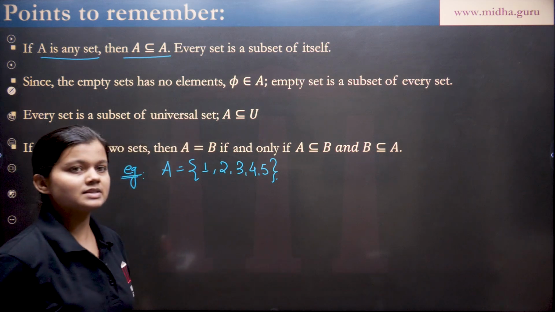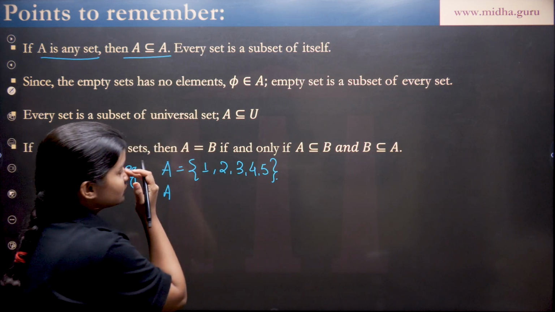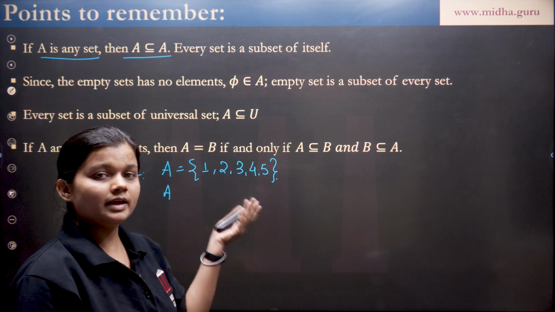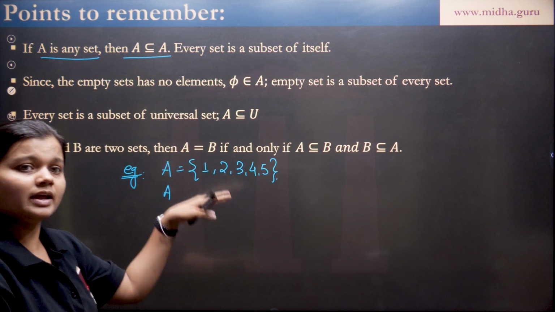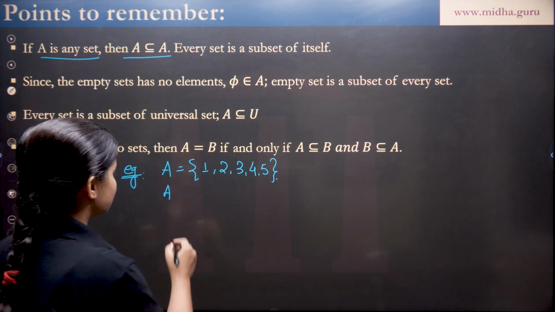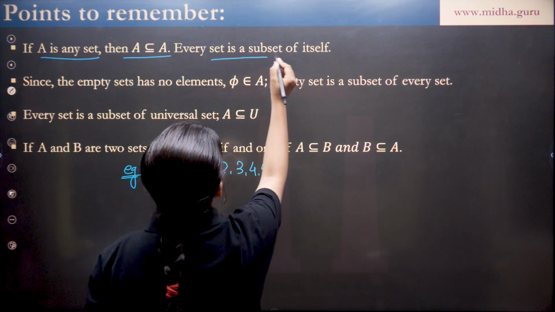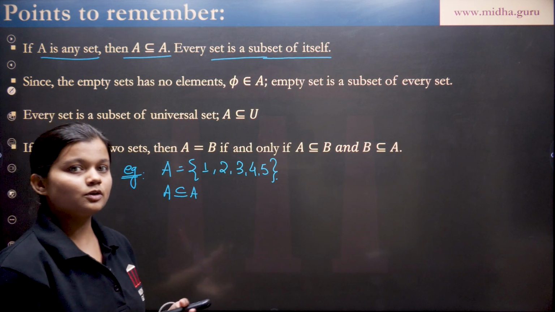We can say that every element of A is contained in A, right? It means every element of A is in A itself. So we can say A is a subset of A, which means every set is a subset of itself.